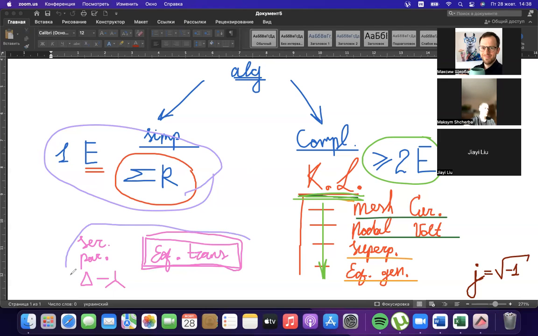We discussed completely this part, how to substitute one type of resistor with another type, how to transform the type of connection of resistors. And we discussed this part here, finishing on the mesh current. It's everything that we have.